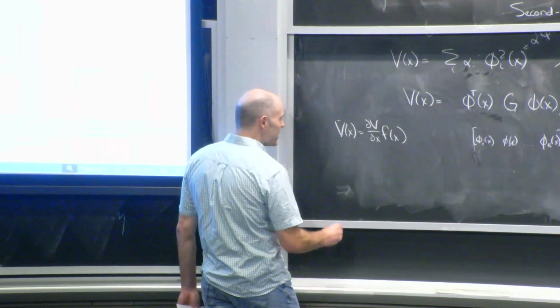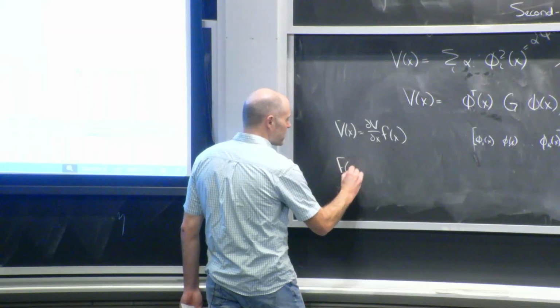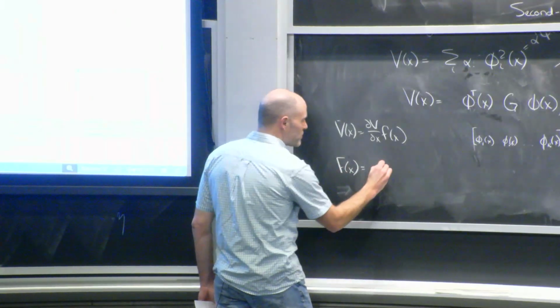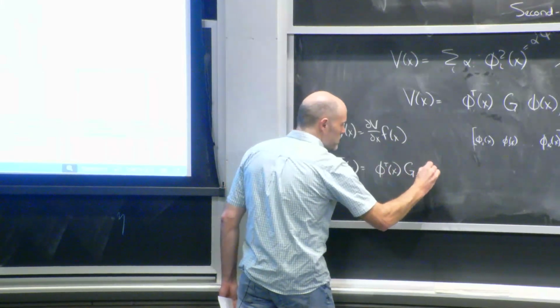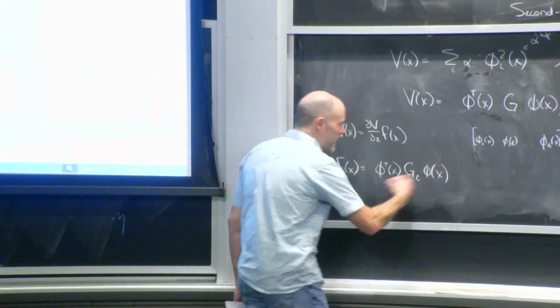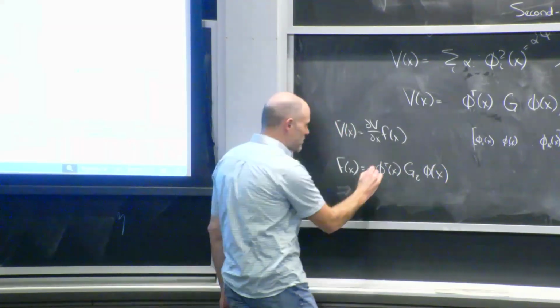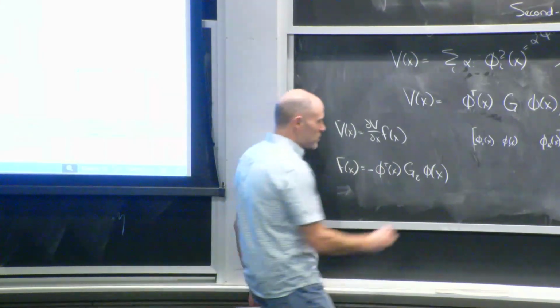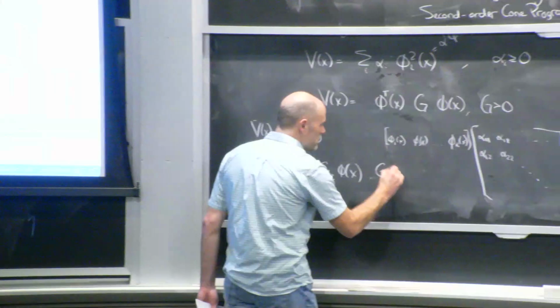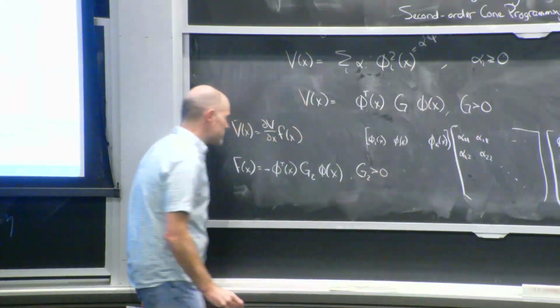What if you said, here's some other function f, and I'm going to choose it to be parameterized like this. Okay, maybe I'm going to do the negative one for V dot, with g2 positive.